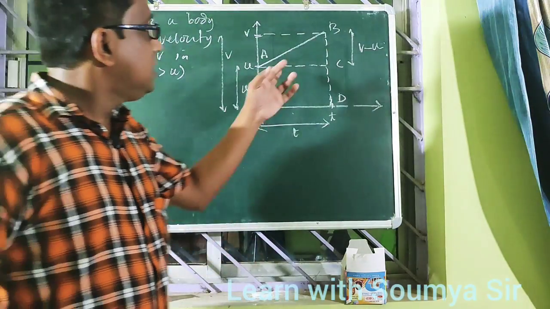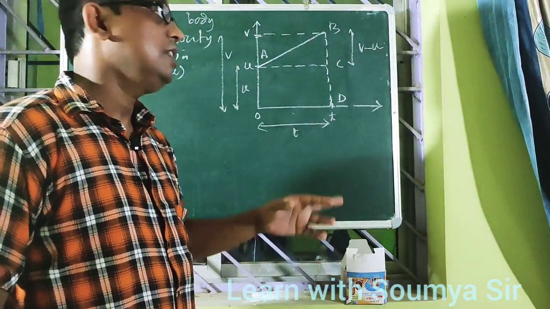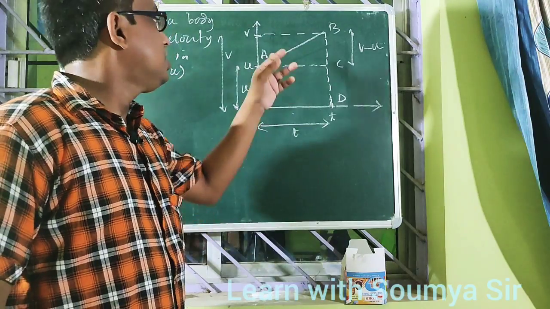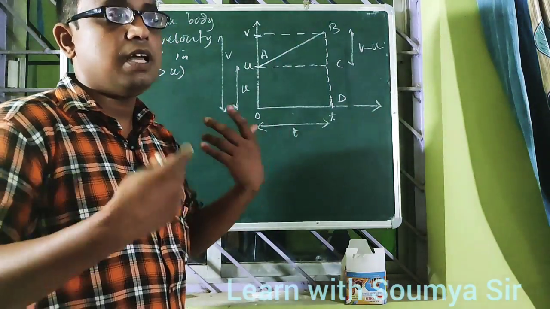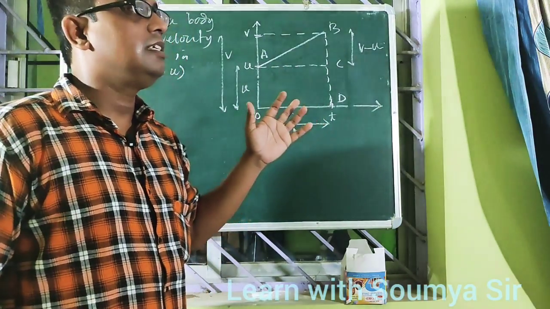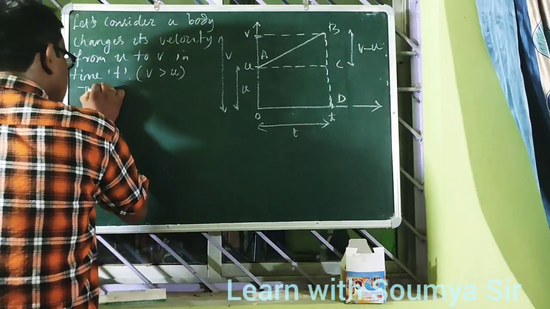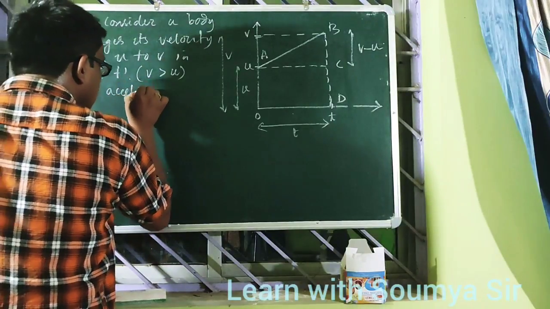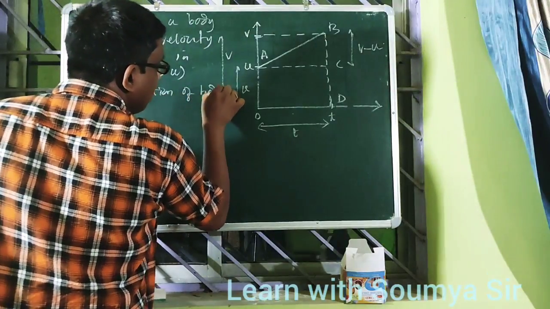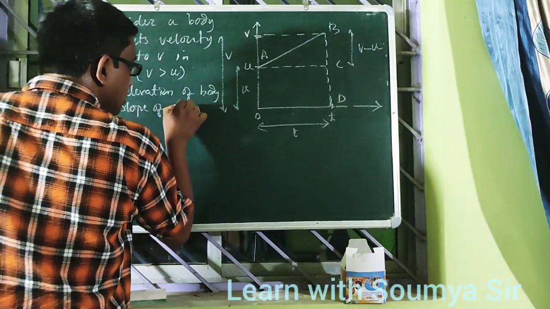Now see the graph here, this is the velocity time graph. AB is the velocity time graph, and we know the slope of the velocity time graph or speed time graph will give the acceleration of the body. So we can say the acceleration of the body is equal to the slope of AB.